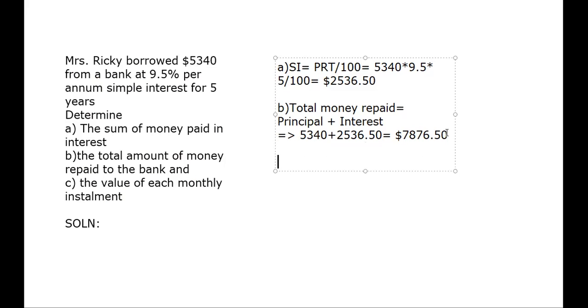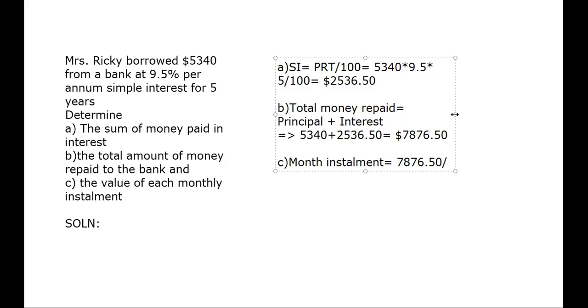Now, lastly, they asked us to work out each monthly installment, right? We know that for us to get the monthly installment, we just divide how much we have to pay, which is 7876.50, by how much time we have to pay it.